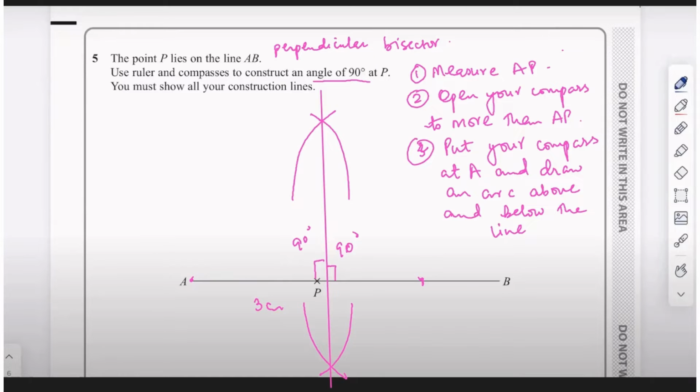Then you will mark a point on the right side of P, which is the same distance as A is from P. Then you will draw an arc from that point above and below the line with the same distance as the arc that was drawn from point A. Those 2 arcs will intersect above and below the line, and then you will draw a line right through the middle of both the intersections. That line will be directly perpendicular to the line AB. It will be passing through point P, and it will be at right angle to AB.